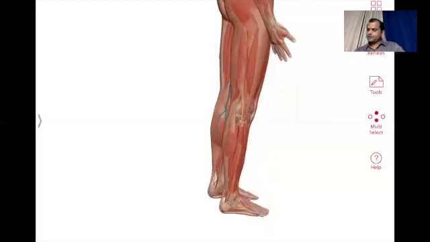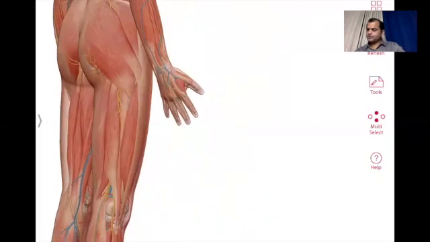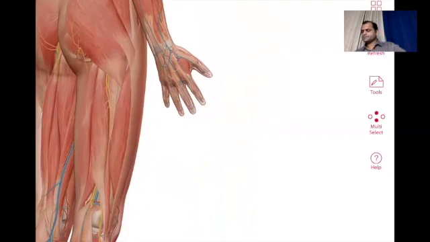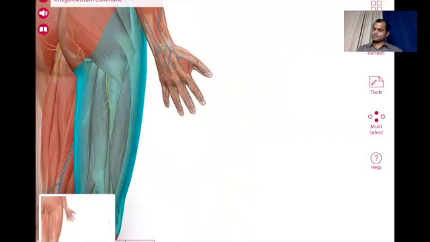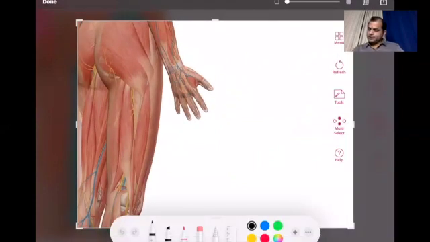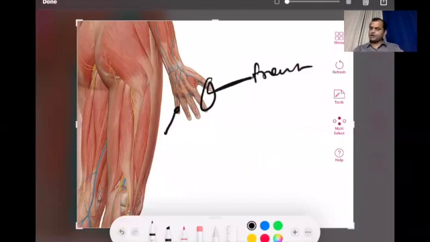If we look at the fingers, tell me which finger is in the front part. Is it these fingers in the front, or the small finger? Definitely the thumb and index finger are in the front side, not the small finger.